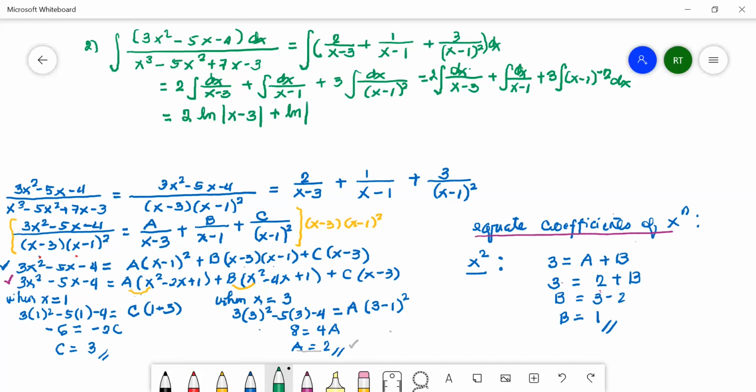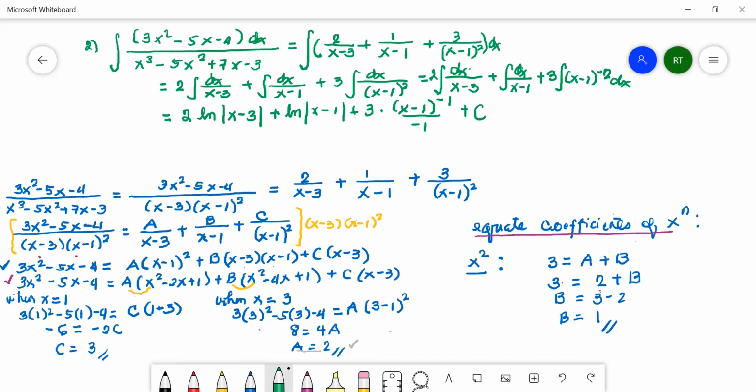So natural logarithm of the denominator x minus 1. And by power formula of integration, the integral of x raised to minus 2 dx, by letting u is equal to x minus 1, this is exactly the form integral of u raised to m du. Therefore, the integral is x minus 1 raised to negative 2 plus 1 is negative 1 over negative 1 plus the constant of integration. Okay?